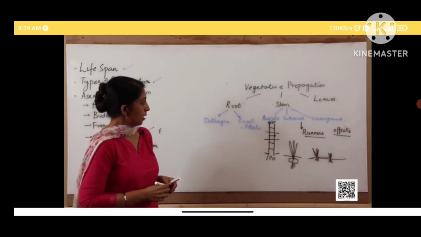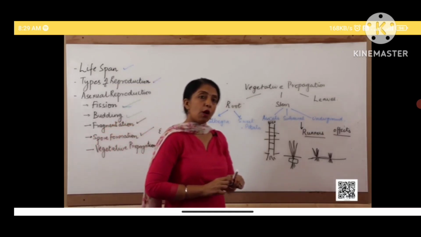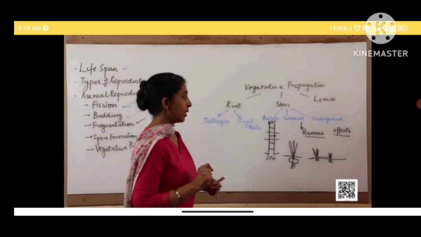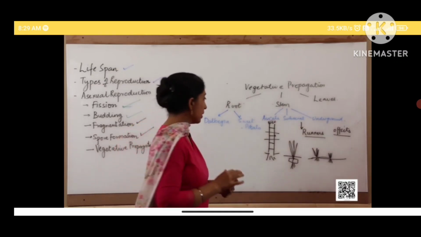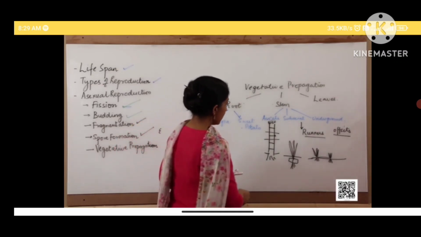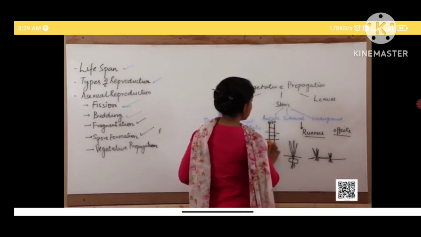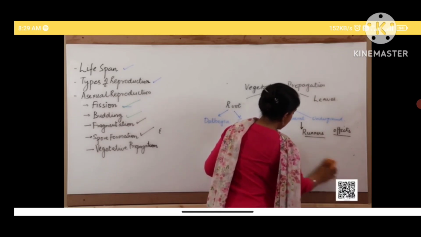The very common example of offset is Eichhornia or the water hyacinth. The water hyacinth or the Eichhornia is also called the terror of Bengal. Now, why is it called so? Let us try to understand.